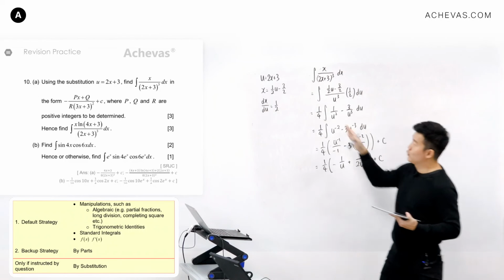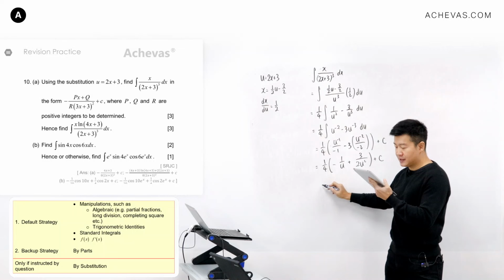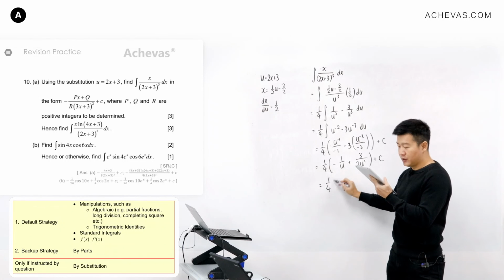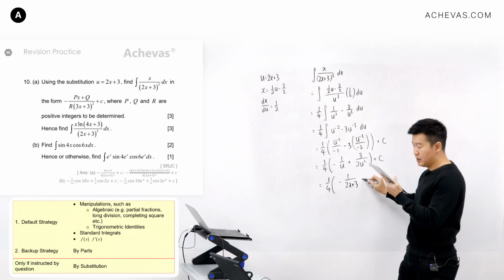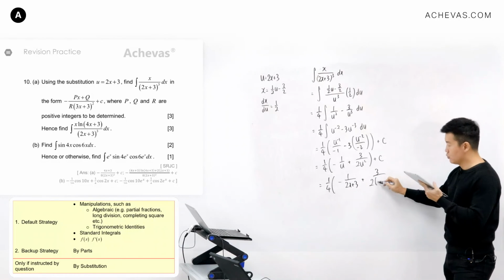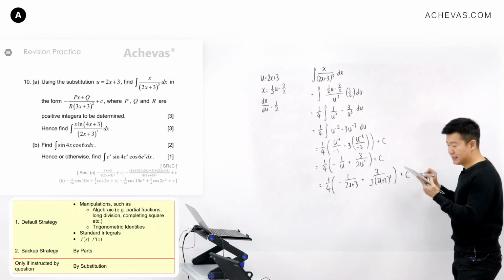And let's not forget to replace u with the expression for x. So my final answer is 1 over 4 of minus 1 over 2x plus 3, plus 3 over 2 times 2x plus 3 squared, then plus c.